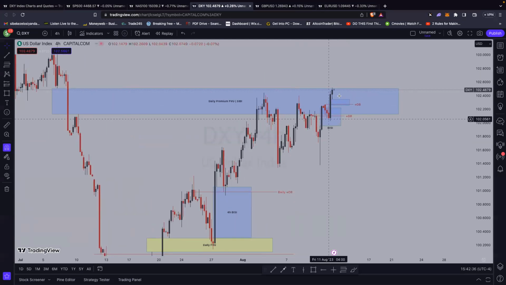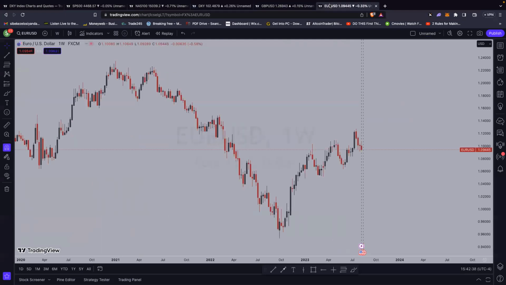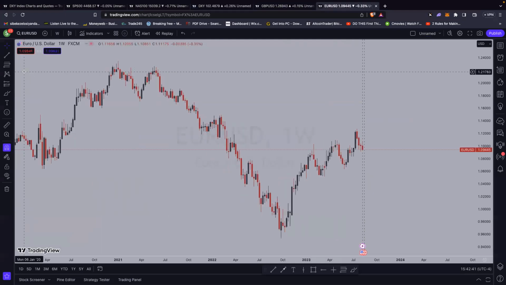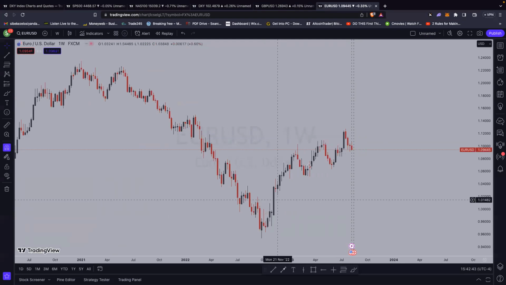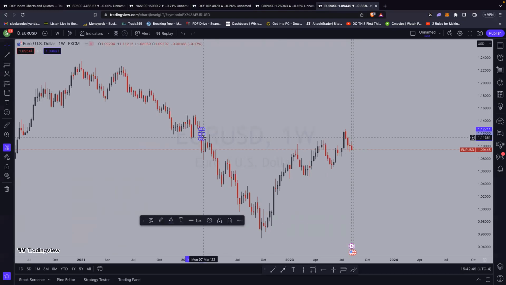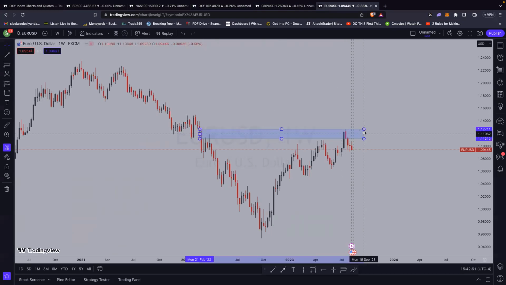signaling me a bullish institutional order flow, then of course I'm expecting euro to be bearish. So in the recent weeks, we traded up into that volume imbalance there, which had an OB in it, this order block, right?